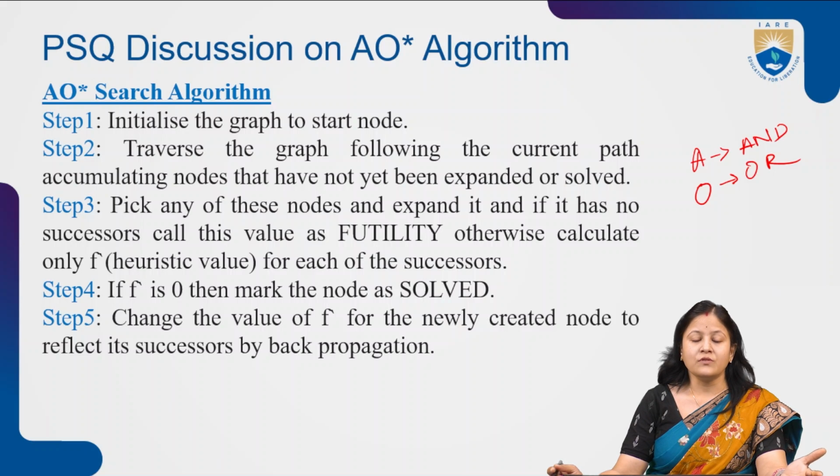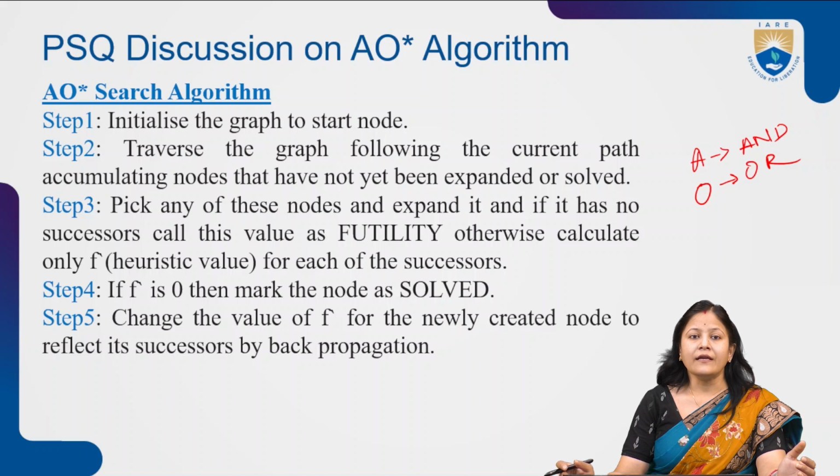Step 2 says traverse the graph following the current path, accumulating the nodes that have not yet been expanded or solved. Step 3, pick any of these nodes and expand it, and if it has no successor, call this value futility.